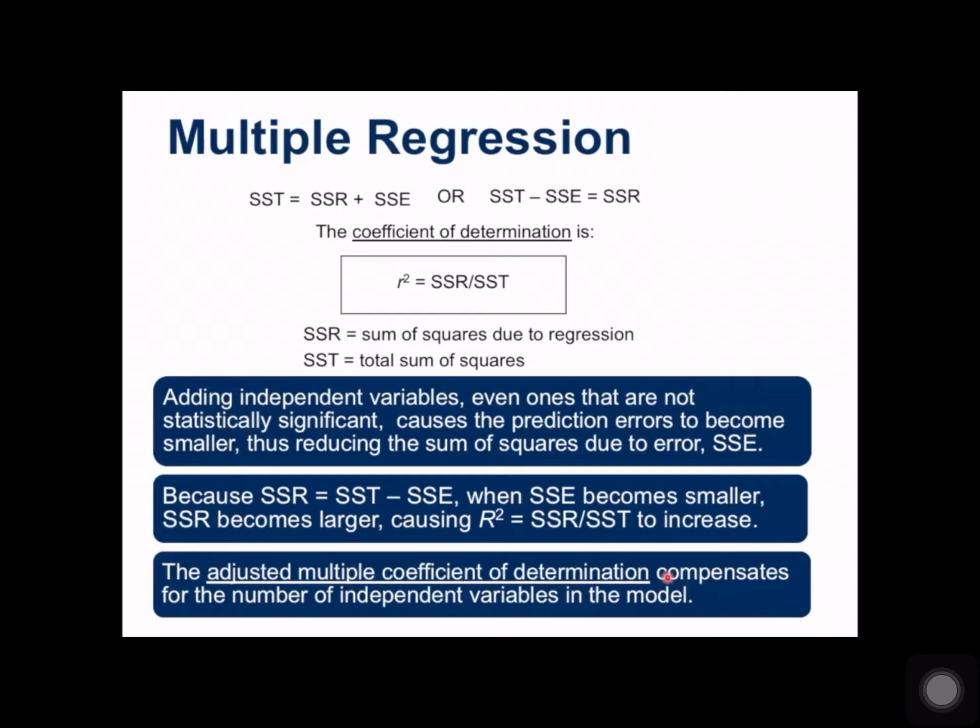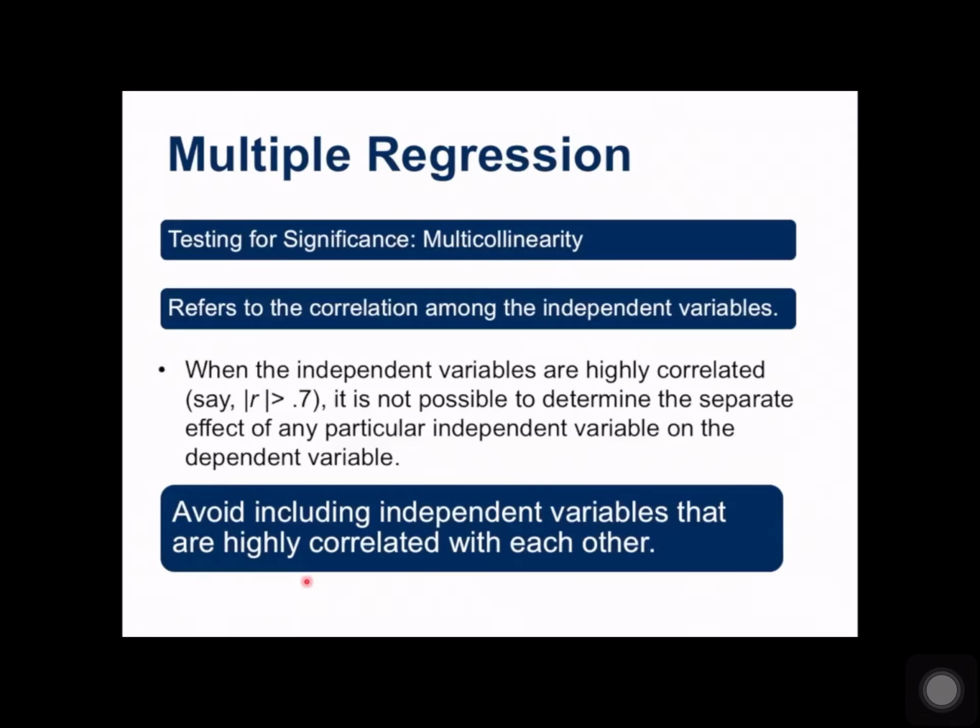As we look at the overall performance of the model, we'll introduce the concept of the adjusted multiple coefficient of determination, because the only consequence of having multiple regression is that as we add in independent measures, it can actually reduce the sum of squared error kind of artificially, and therefore make our model look stronger. So we can still interpret everything the same, but when we have multiple predictors, we'll be looking at an adjusted R squared, but the interpretation is the same.